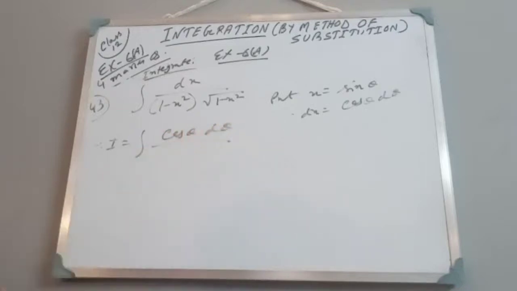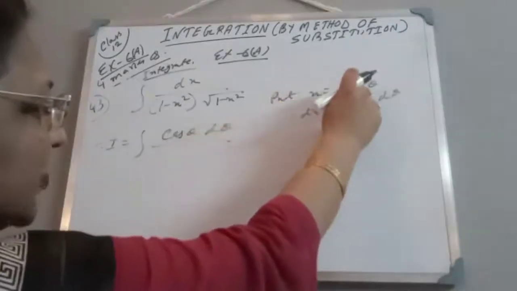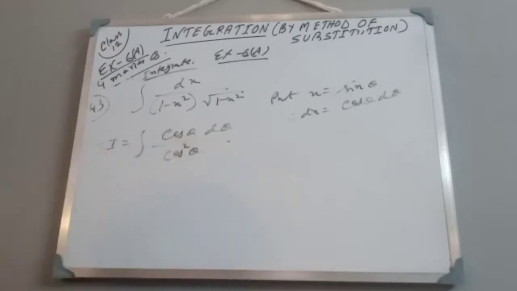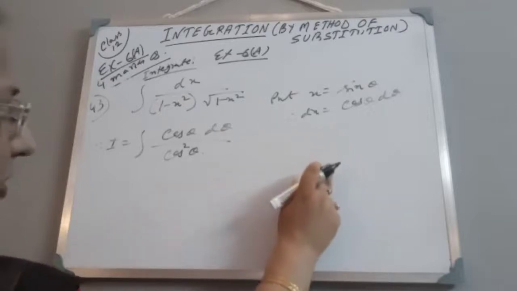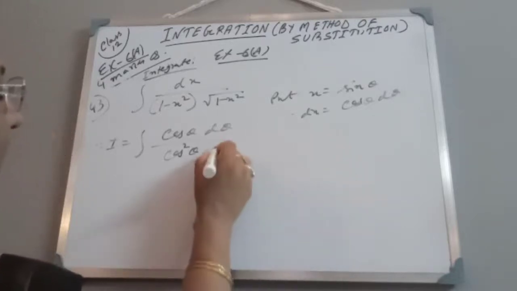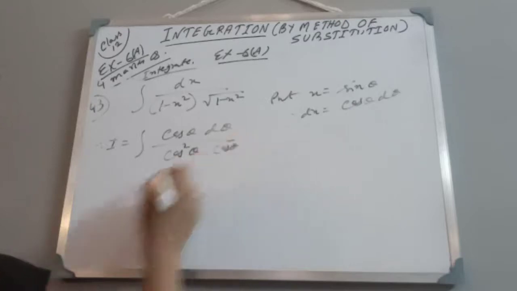Okay, and 1 minus x square means 1 minus sine square theta. 1 minus sine square theta means cos square theta, and square root of 1 minus x square means square root of 1 minus sine square theta, that is square root of cos square theta, that is again cos theta.